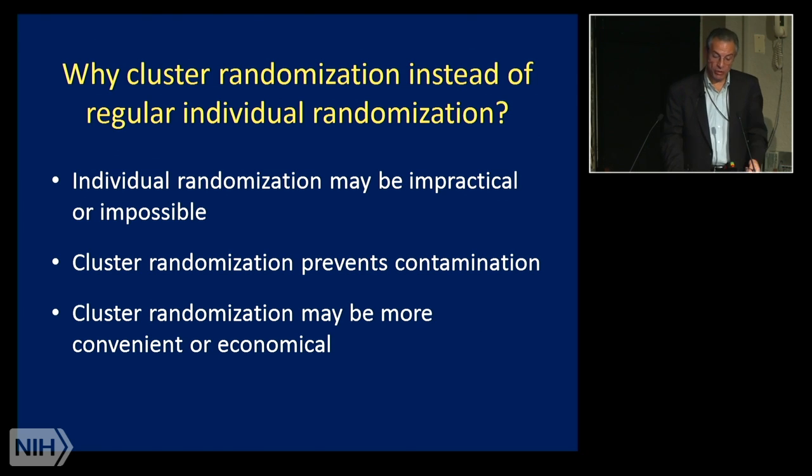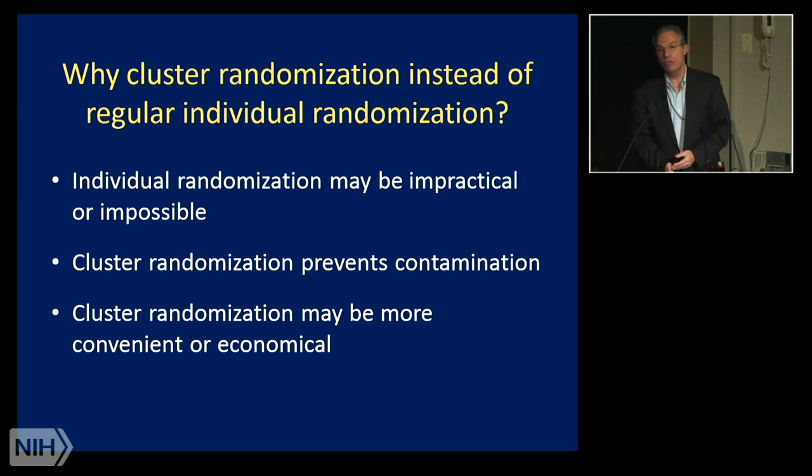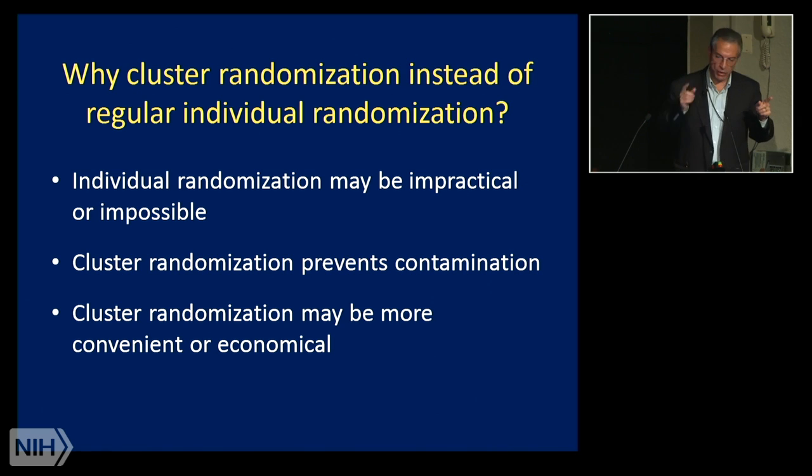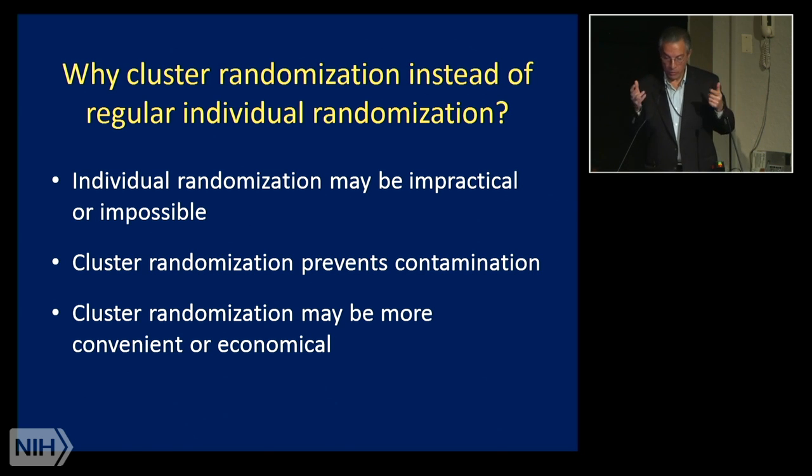Or it may be just more convenient or economical. It's just too complicated to randomize patients coming to a clinic. Each patient, they see a doctor. The doctor says, okay, let me think now. This patient is randomized to this, so I need to treat them this way. And we did have an example of that, when we were thinking about when to randomize patients or to randomize physicians.